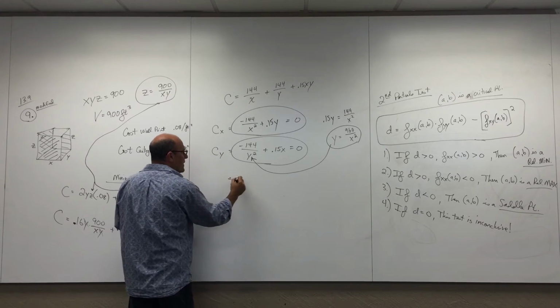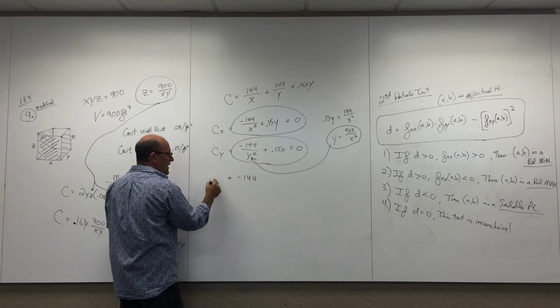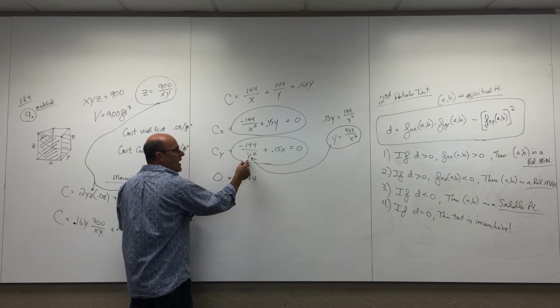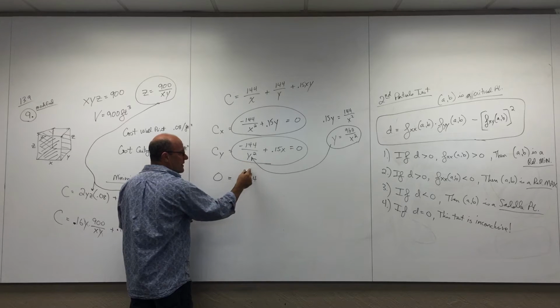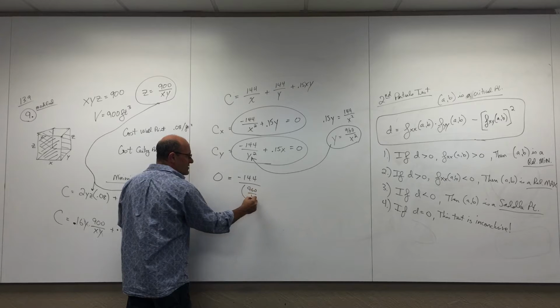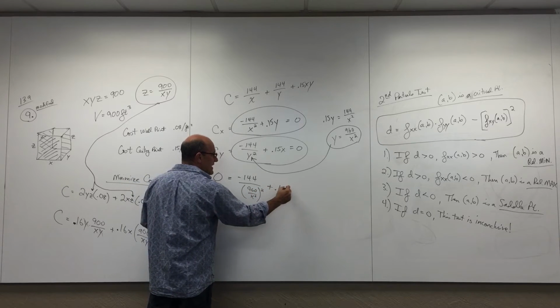By the way, this is set equal to 0 here. Negative 144 over y squared, where y is 960 over x squared, plus 0.15x.